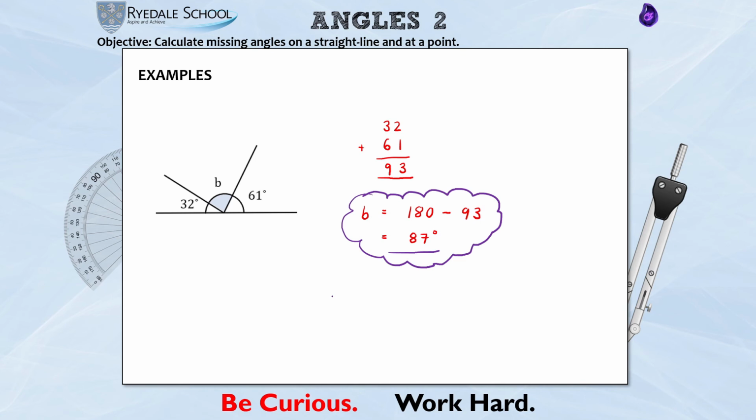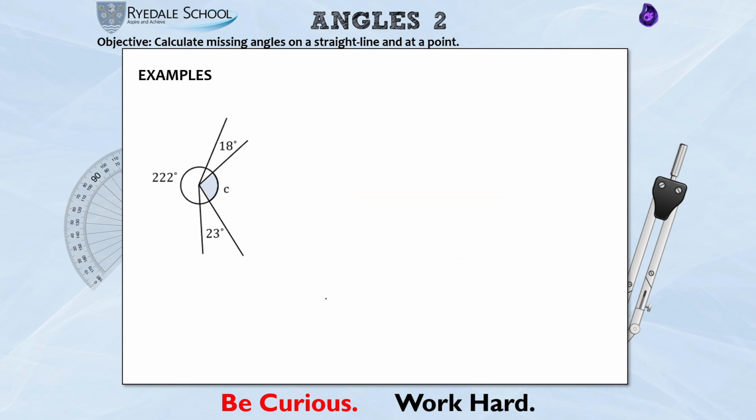Let's look at a final example. So in this question, we do have angles at a point. Okay, we've got this angle is 18, this angle is 23, and all of this reflex angle is 222. So if I'm going to see what is left for C, I need to add these three things up first.